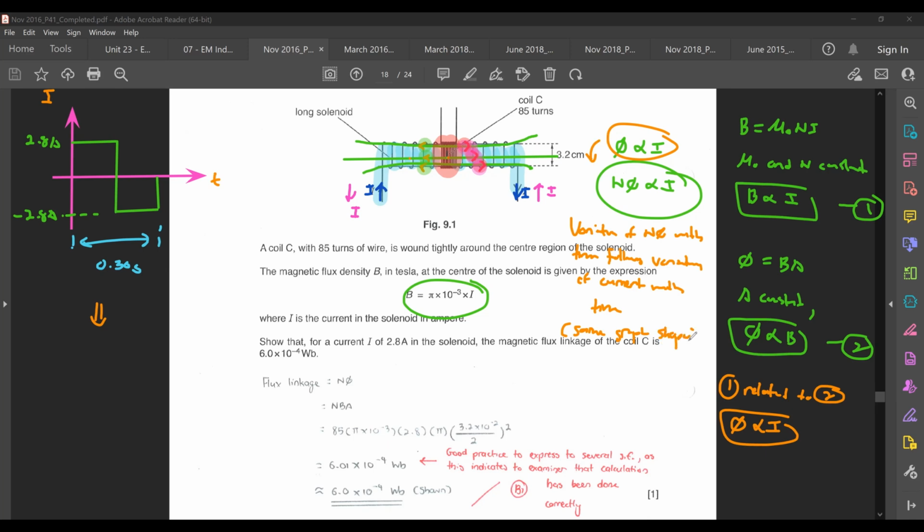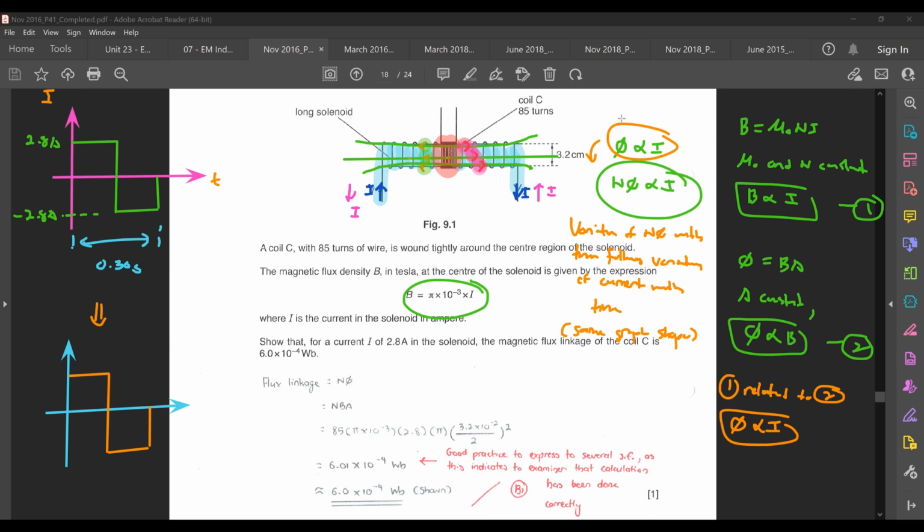So if right now my graph of current versus time looks like this, and I'm trying to convert it to a graph of flux linkage versus time, I'm actually going to end up with the same thing. It probably looks like this right now, following the exact same shape, where you have this, this, this, and this.